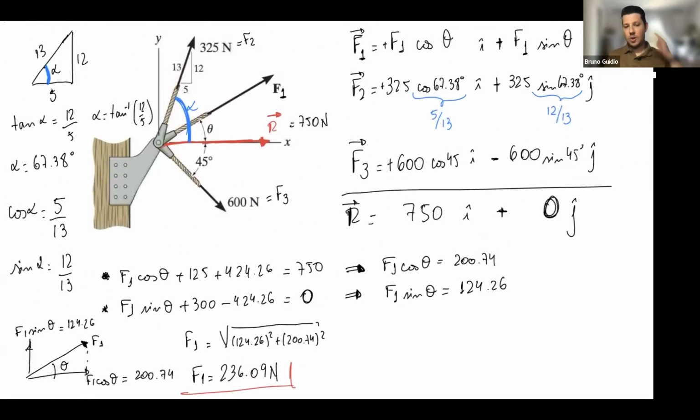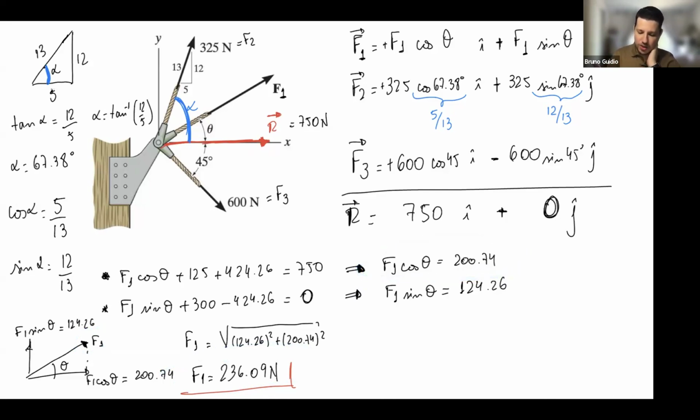So first I found F1 cosine, F1 sine. I know that they are components of F1, right angle triangle rule. Okay, I found 236. And then now just pick one of those here and find the angle.